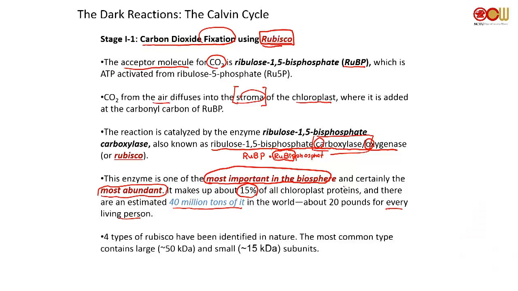The book gives a very interesting perspective: for every living person, you have 20 pounds of Rubisco. 20 pounds is about 10 kilos. So for every one of you sitting here, you have 10 kilos worth of Rubisco somewhere in this world. It's a huge amount of this enzyme just flying around.